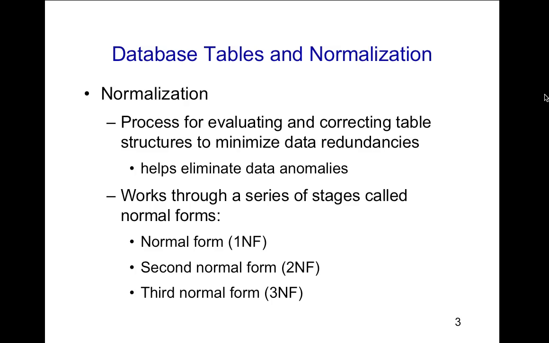So normalization by definition is the process for evaluating and correcting table structures to minimize data redundancies and help eliminate data anomalies. One of the biggest concerns about databases is being able to get at the information. So we take a bunch of data, we break it out into objects or entities, we look at the relationships, we turn those into tables, and then we want to put it all back together.